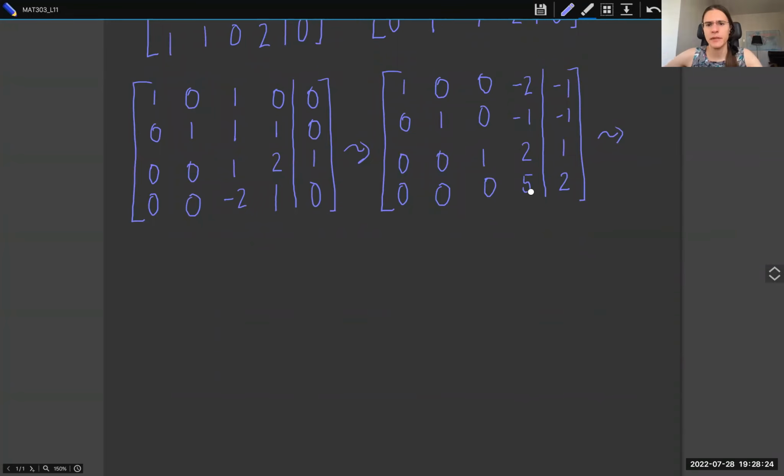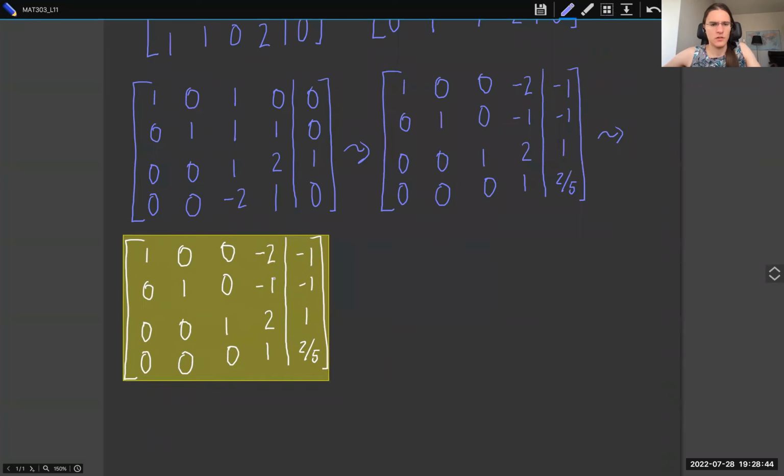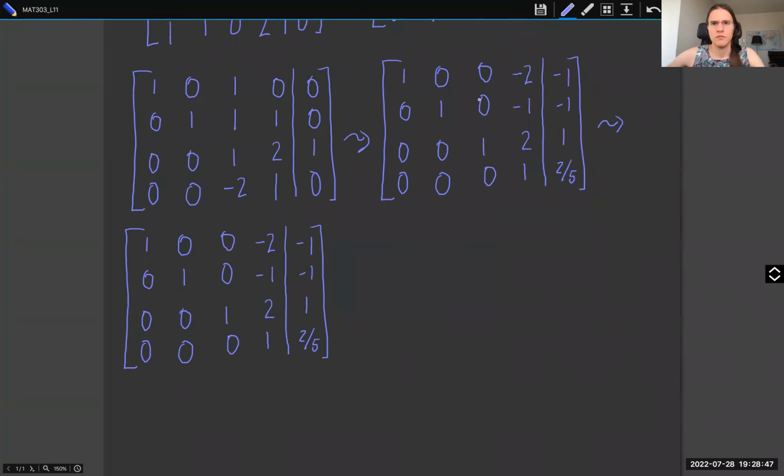And okay, screw readability, 5 to 1 2/5. Okay, so I'm subtracting 2, and therefore I'm subtracting 4/5.